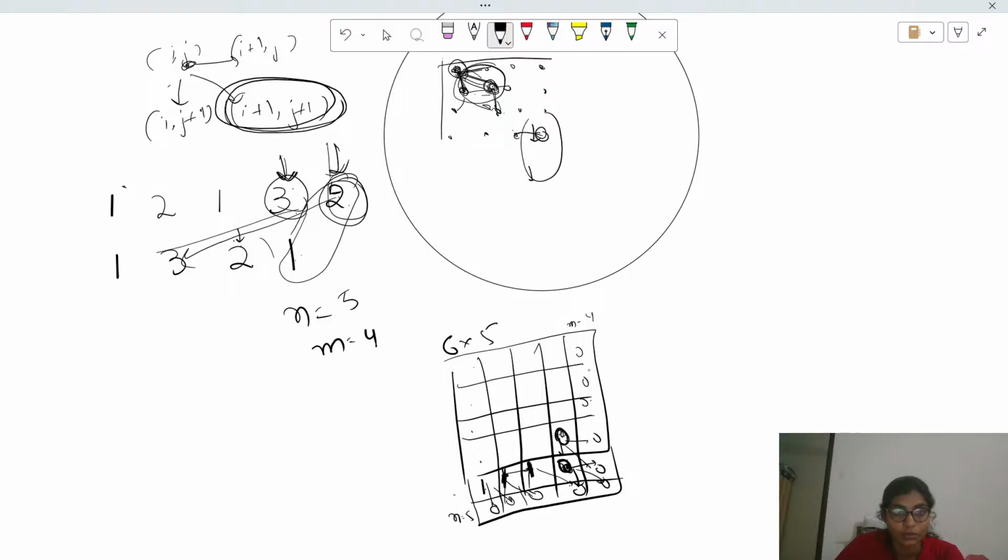Similarly, let's fill the entire table once. 3, 2 would be 1. And 3, 3 would be 2. And 3, 1 would be 2. So similarly, we can fill that and we can backtrack it to get the answer. Let's code this now.